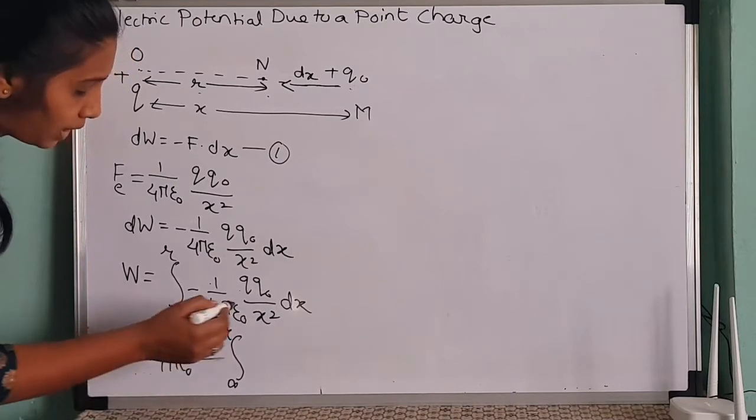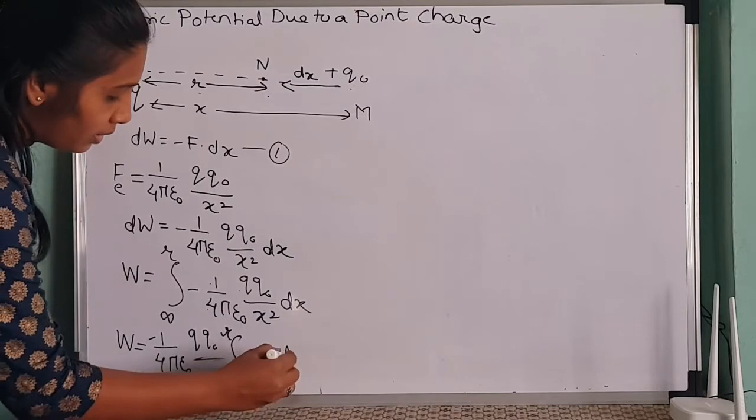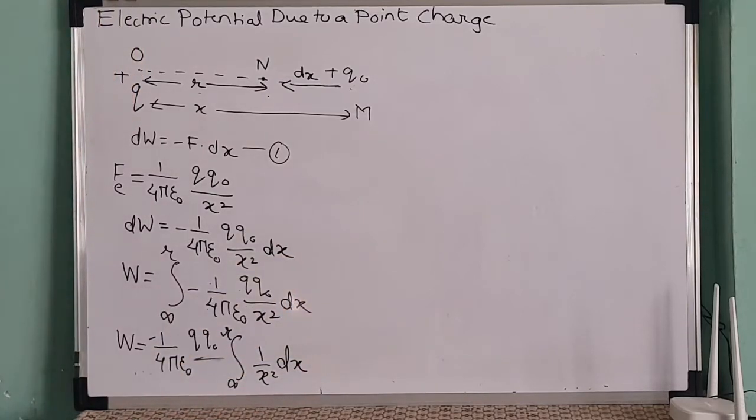So infinity to r, inside the integration you get 1 upon x square into dx, right? So now once you get this, let's integrate further.